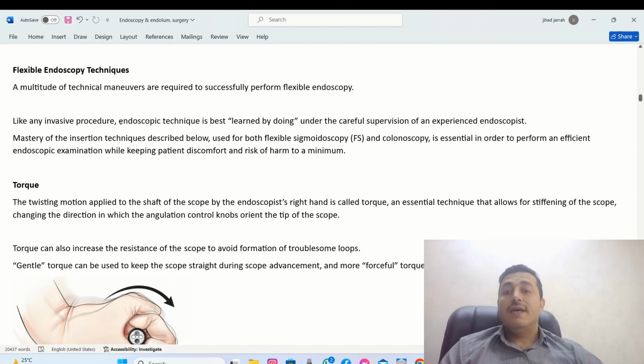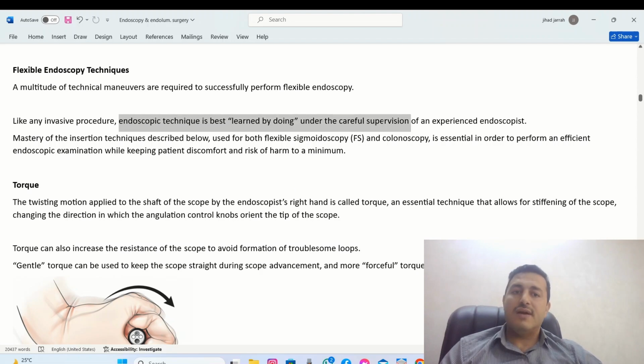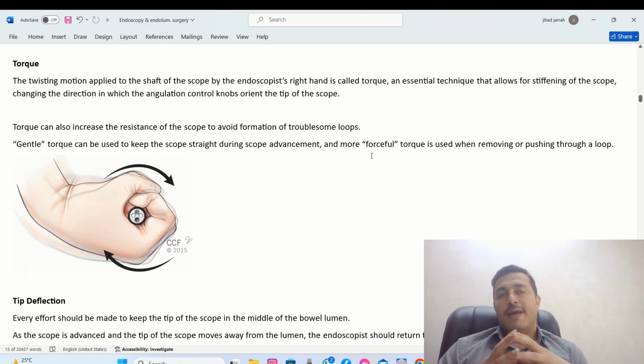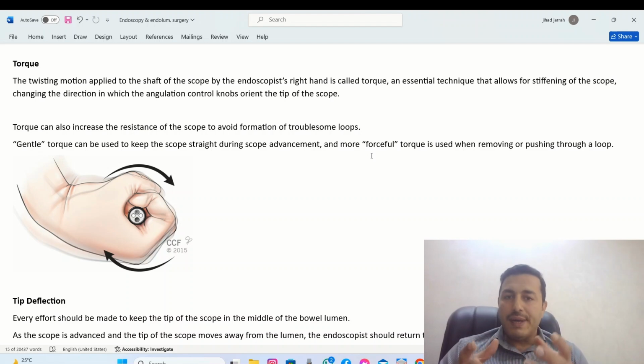As you see here, endoscopic technique is best learned by doing under the careful supervision of an experienced endoscopist. Again, these are flexible instruments, so looping is common. We will understand what looping means, and there are some tricks to facilitate insertion and examination of the colon.